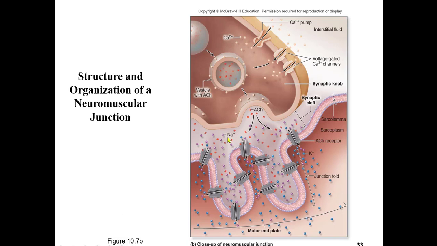And by destroying this ACH here, I no longer make additional MAP unless I start with a brand new storyline with a nerve action potential. So I have to have a fresh, brand new nerve action potential whenever I want to stimulate a muscle. You don't want this ACH to stay here forever. Otherwise, one nerve action potential will cause the muscle to contract forevermore, and you don't want that.